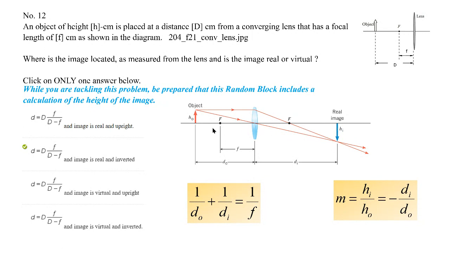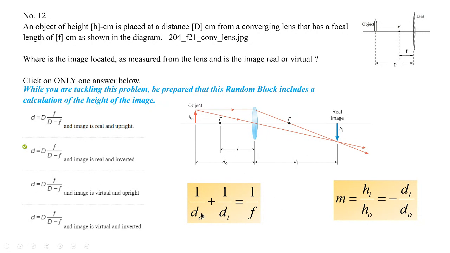But if the di is positive, it is on that side. This is the lens formula, and there's an algebraic sign convention. You have to look up the lecture notes, and you will find that there is this algebra associated with this very famous and simple, elegant little formula.